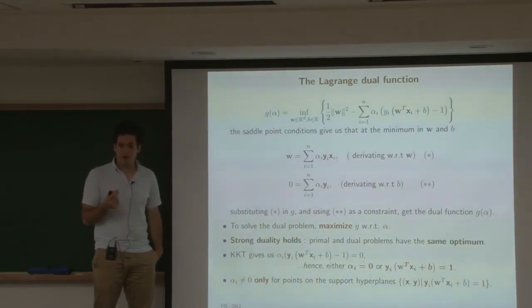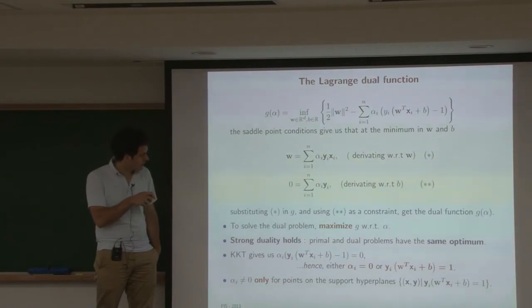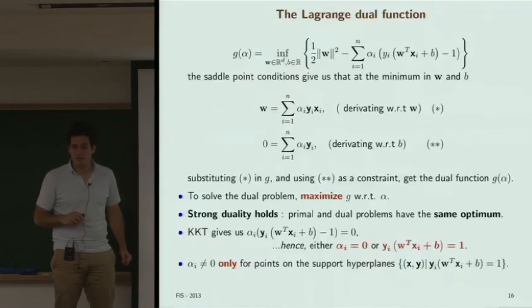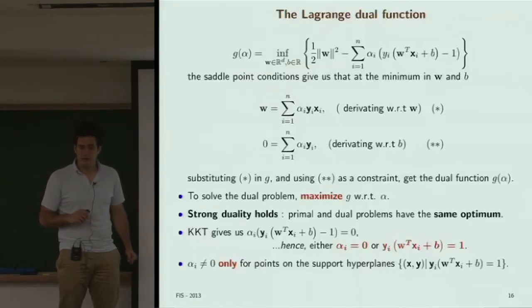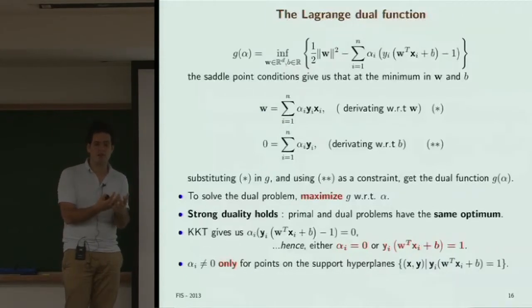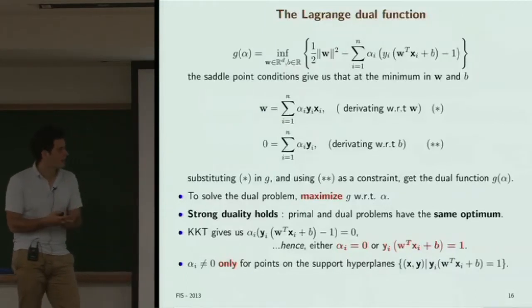The Lagrange dual function is defined as follows: for any vector of prices alpha, what is the lowest I can get in terms of W and b? Okay? So given that I have priced each constraint violation at some price alpha i, what happens to this problem of minimizing over W and b?